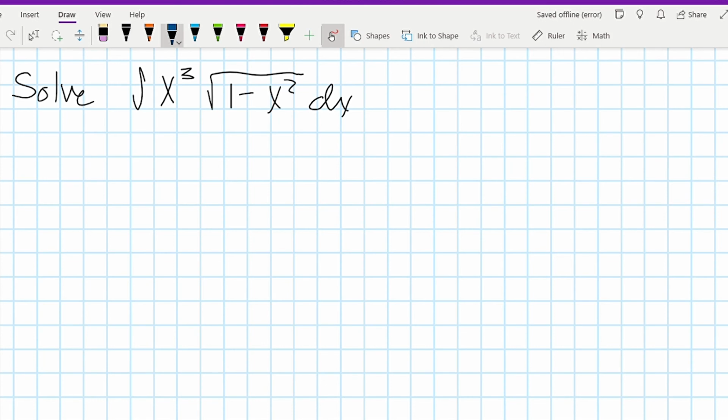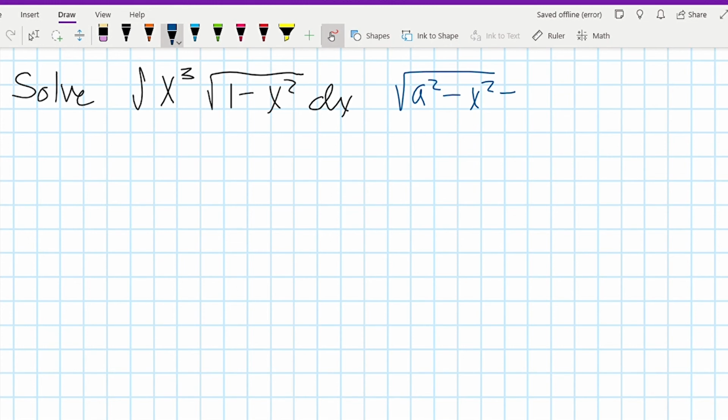So our next question says, solve the integral of x cubed times the square root of 1 minus x squared dx. So we know we can start off with trying a substitution, and I see immediately that this looks like a trigonometric substitution. So this looks like the square root of a squared minus x squared, because we have our a squared and our x squared.